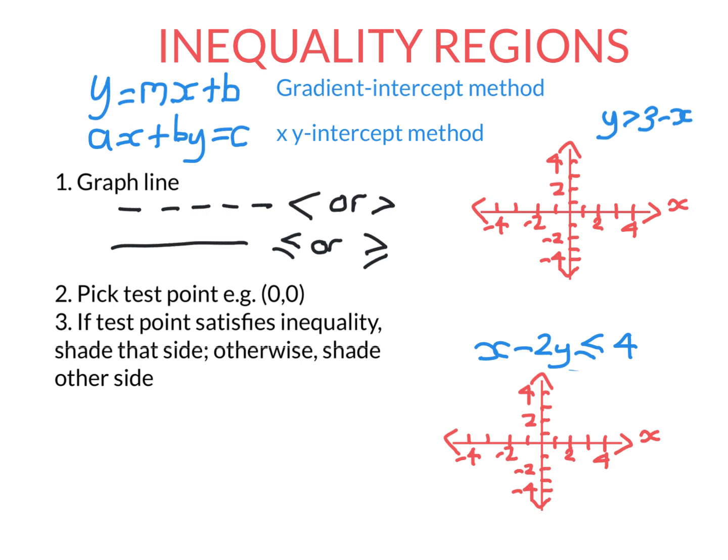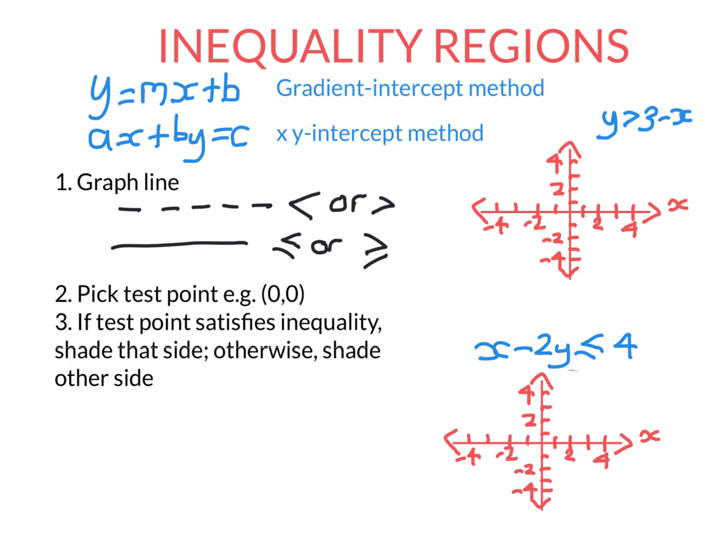If, however, the equation were in the form ax plus by equals c, so y is not the subject of the equation, it's not obvious what the gradient is, so we need to use another method. We use the xy-intercept method. You let x equal 0 to find the y-intercept, y equals 0 to find the x-intercept, and then you join them up. Each of these methods involves finding 2 points that lie on the line and joining them up.